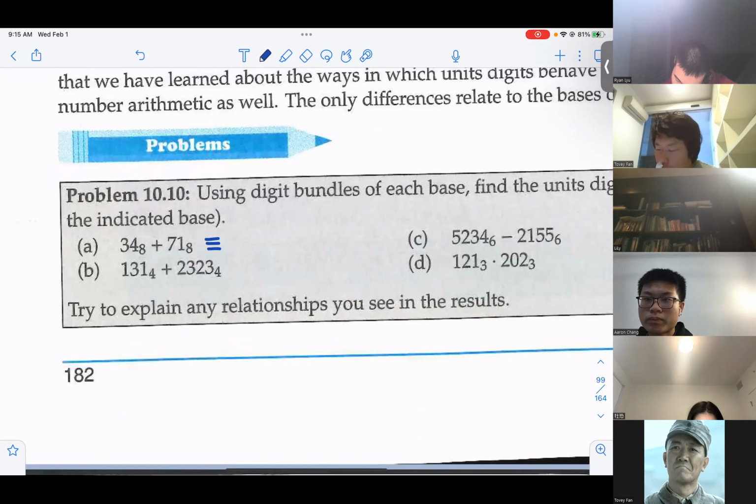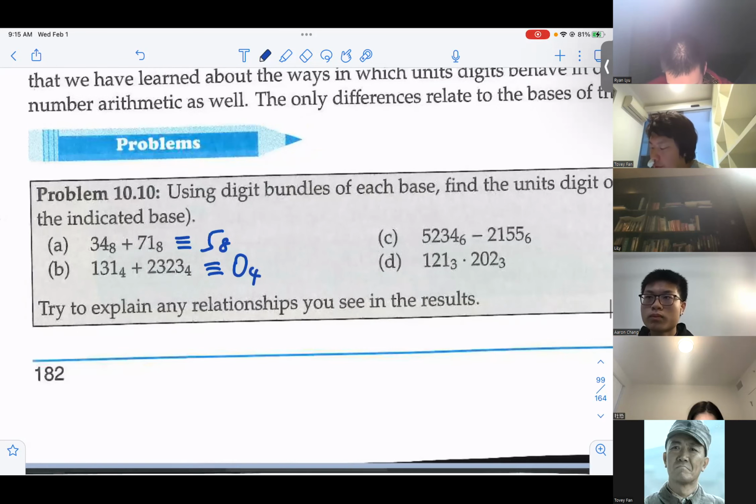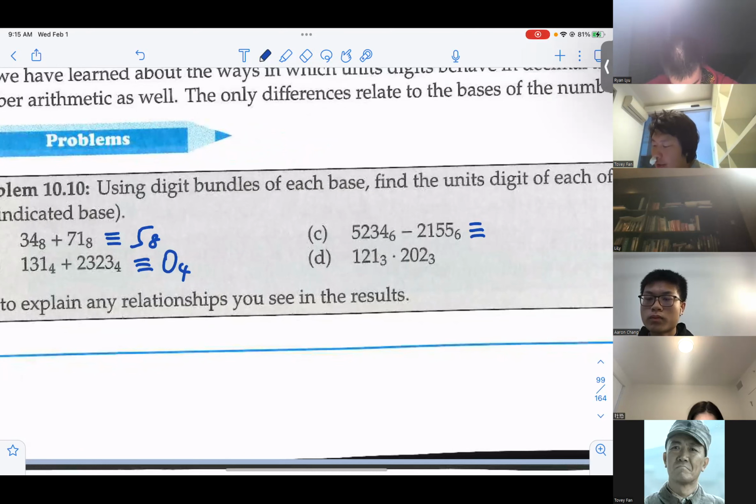Units digit 4 plus 1 is 5. It's less than 8, so it's good, right? Next, 1 plus 3 is 4. But this isn't base number 4, right? So you have to minus 4. So it is base 4, you just write 1 0 or just 0. It shouldn't be too hard. For C, 4 minus 5, that's not enough.